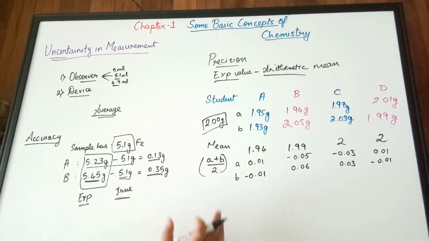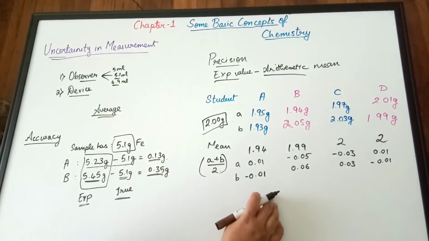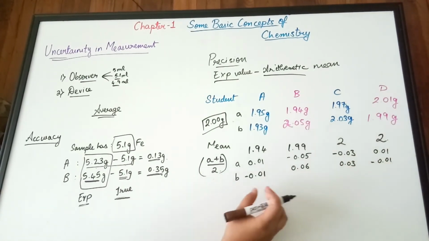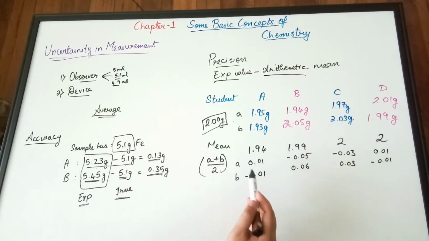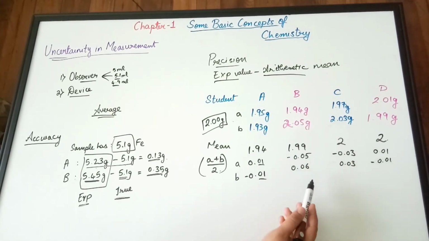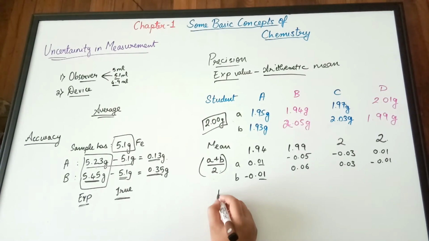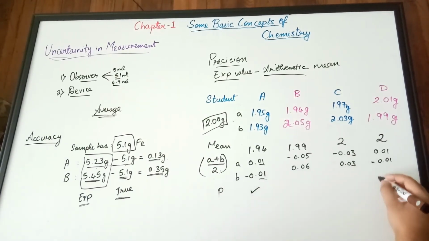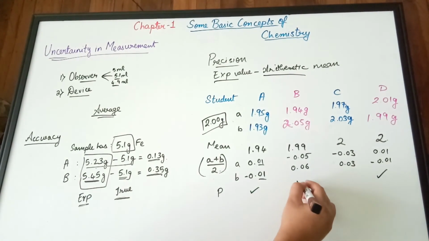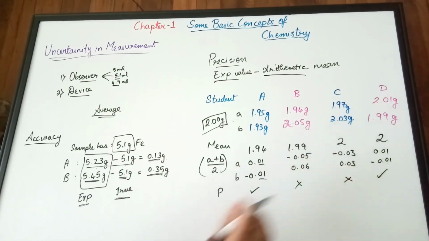If you notice, students A and D have the least difference with respect to the mean, which means the values of these students are precise, but B and C are not precise because they have a huge difference between the experimental value and the arithmetic mean.